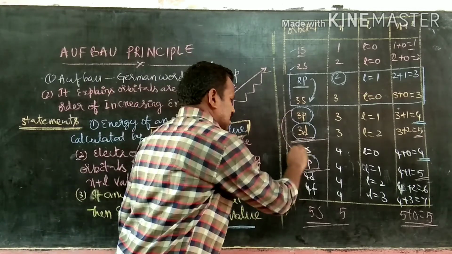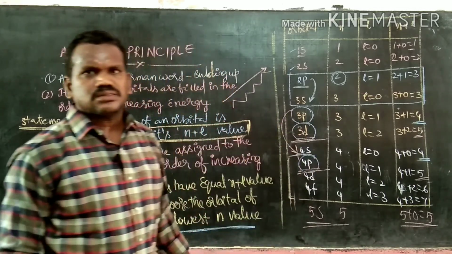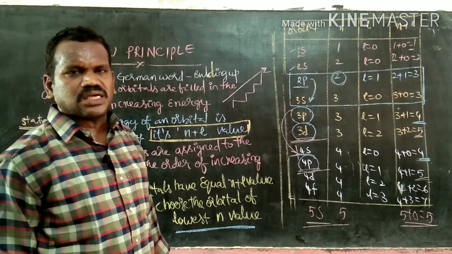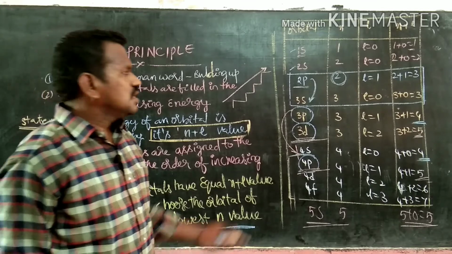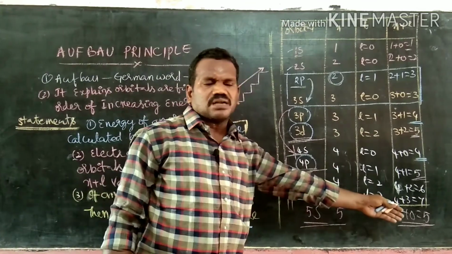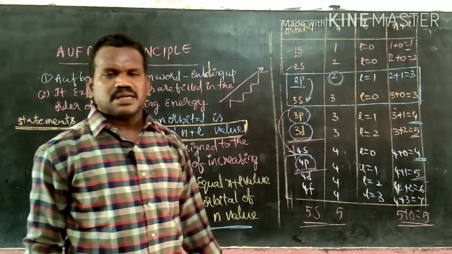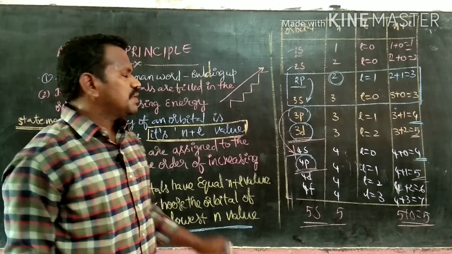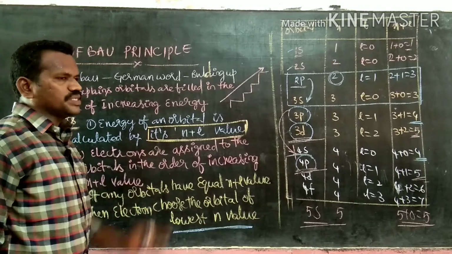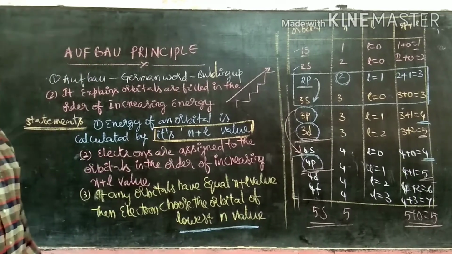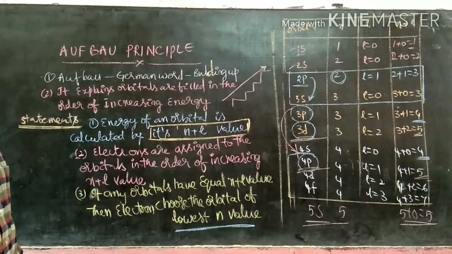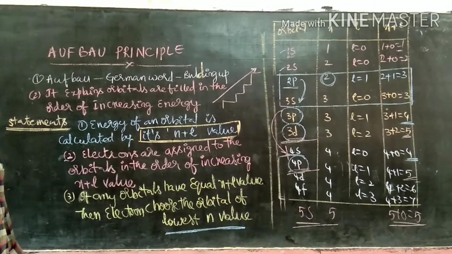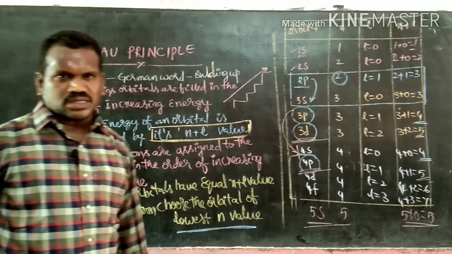After 3p, the electron enters 4s. It means there is a confusion. How to remember the increasing order of orbitals? For that purpose, Sir Euler gave a chart, based on the Aufbau principle, to represent and remember the increasing order of the orbitals, known as the Euler chart.